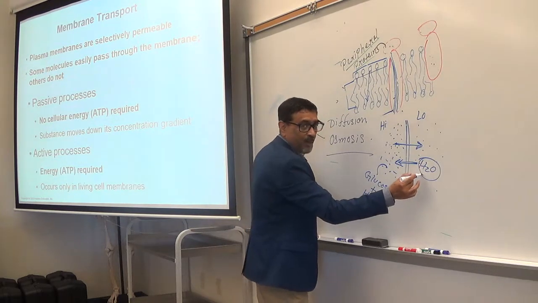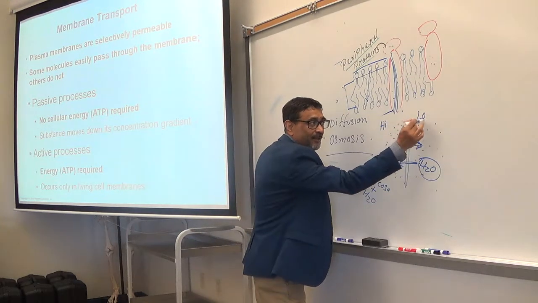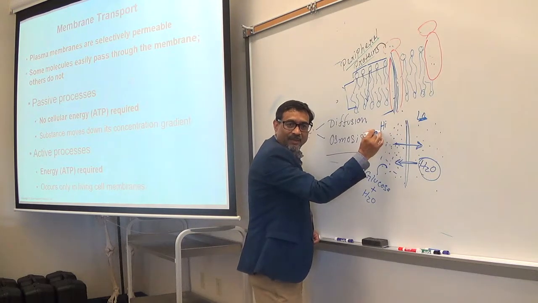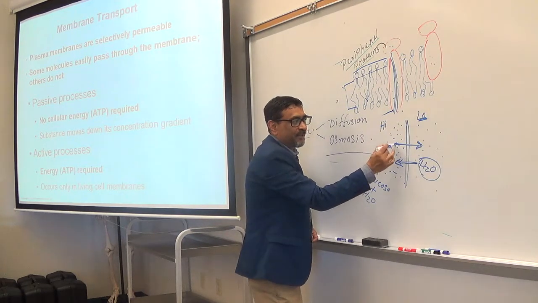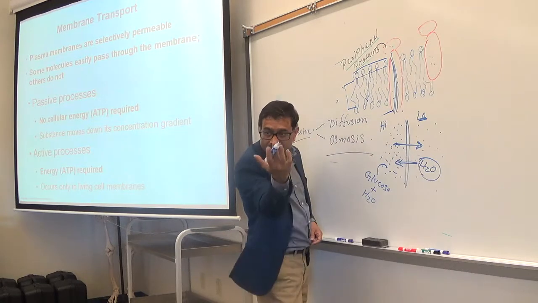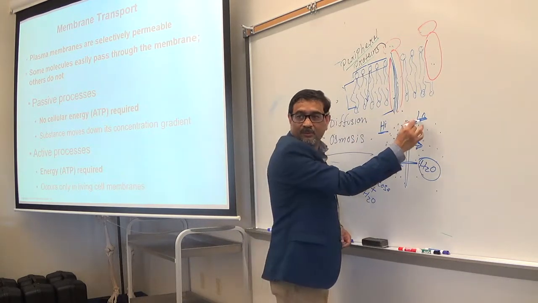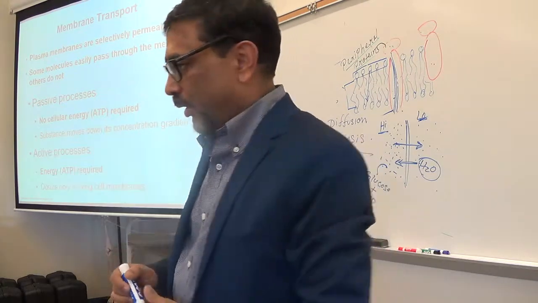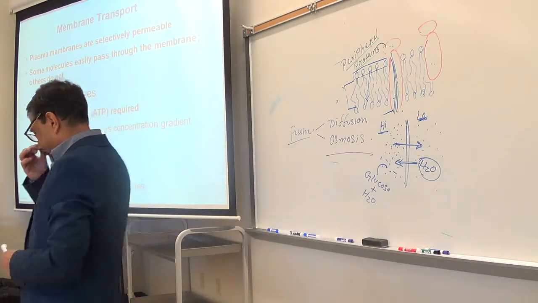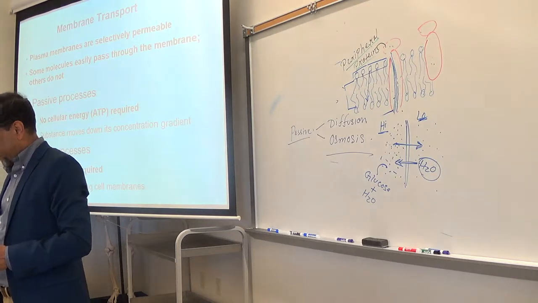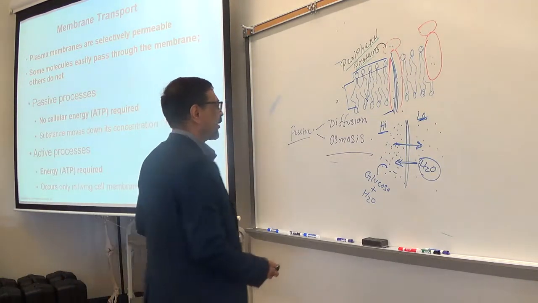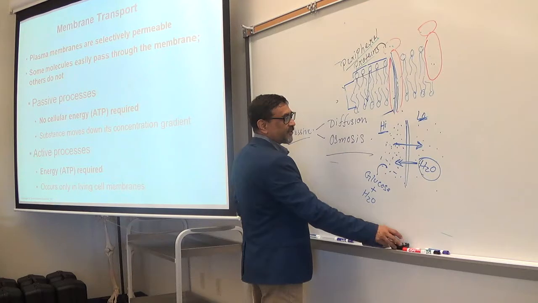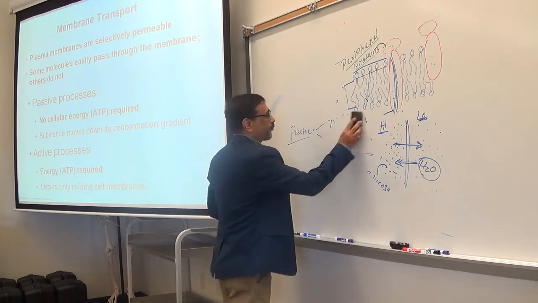In osmosis, water or solvent moves from what? Low to high. In diffusion, solute like glucose will move from high to low. Okay? So those are two important passive processes. Okay? The goal is bringing equilibrium.